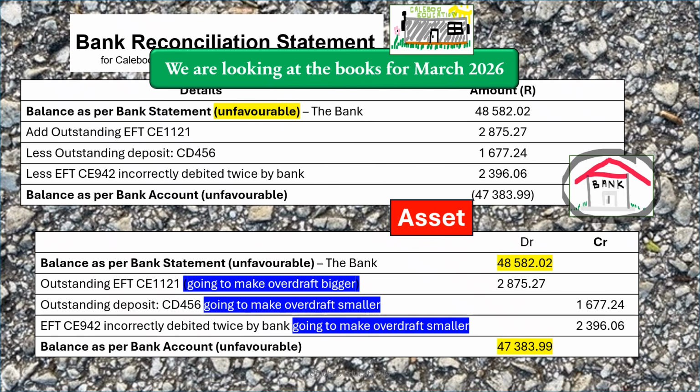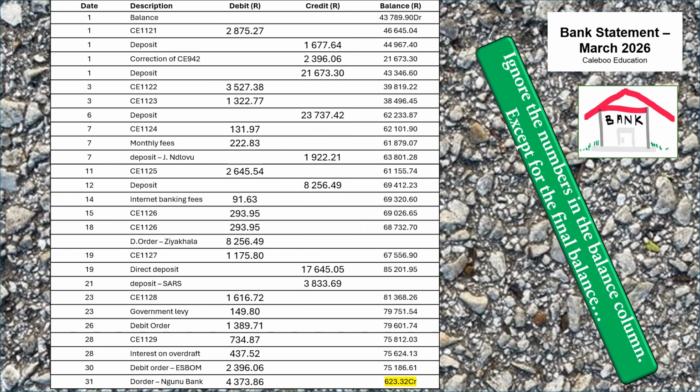So March is our current month. Now what we receive from the bank is a bank statement, and this bank statement is for March. This green little sign here says just ignore the balances. We're more concerned with what's in the debit and the credit column.